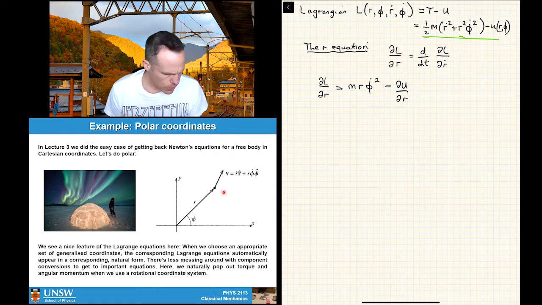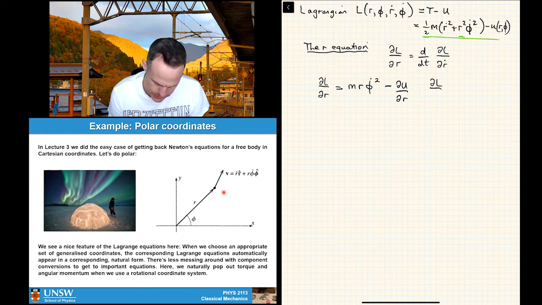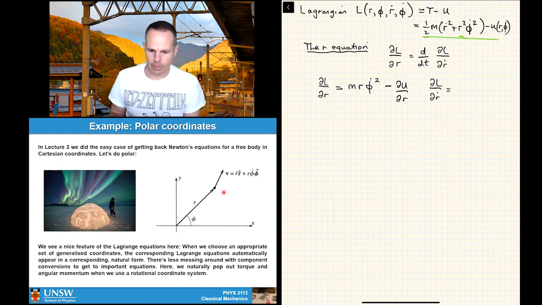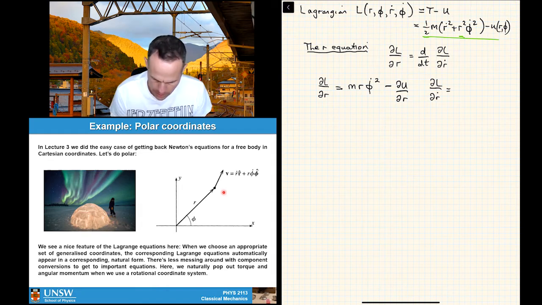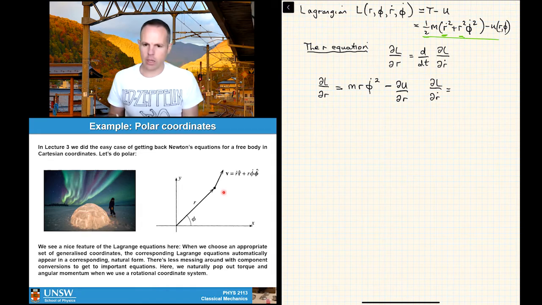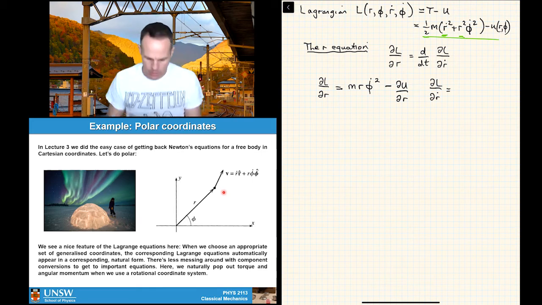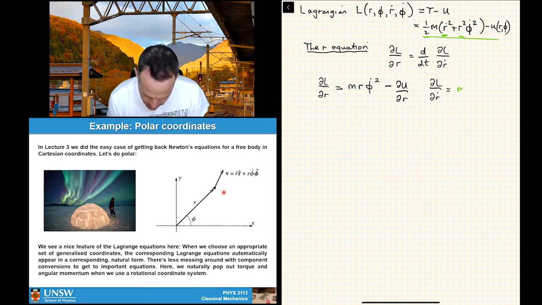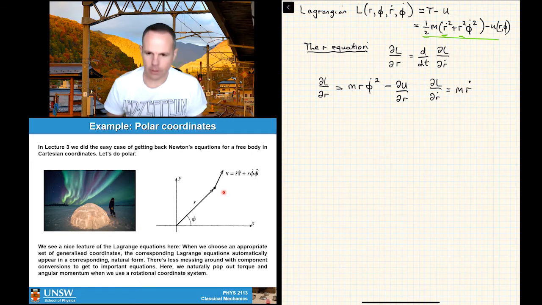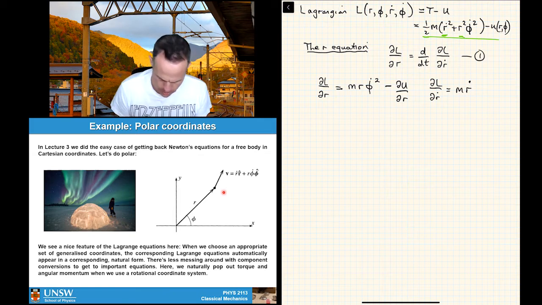And then we also care about dL on dr dot, and the only place where that kind of term turns up is in the kinetic energy term. And just here you can see it's m r dot squared. The square from that is going to pop down and knock out the half. So this thing is going to be m r dot, okay? All right, so now we can take our Lagrange equation in this particular case and build it back up again.